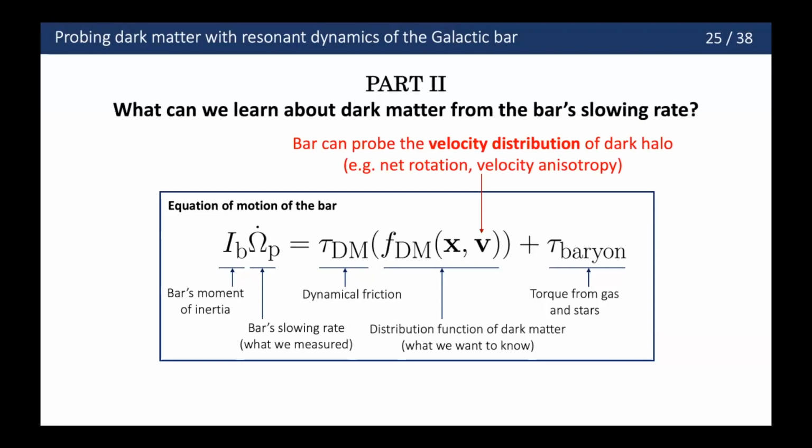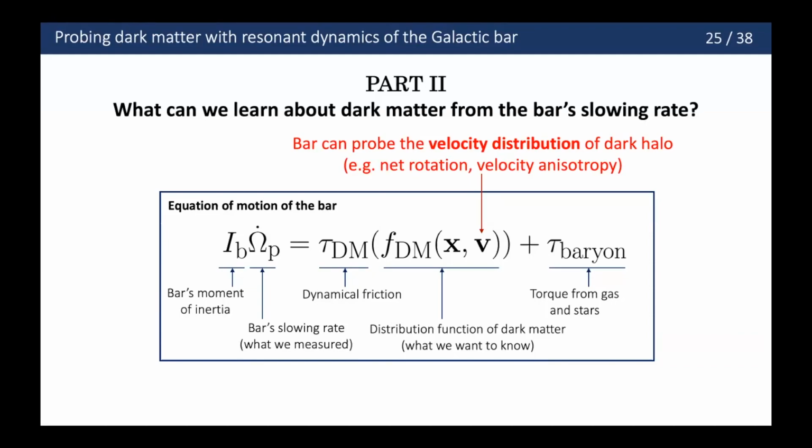Whether the halo has a net rotation or not doesn't necessarily affect the spatial distribution of dark matter, so this is something that we cannot infer from the galactic potential. But the net rotation does significantly impact the strength of dynamical friction. So the measurement of the bar slowing rate can in principle give constraints on these kinematic parameters.